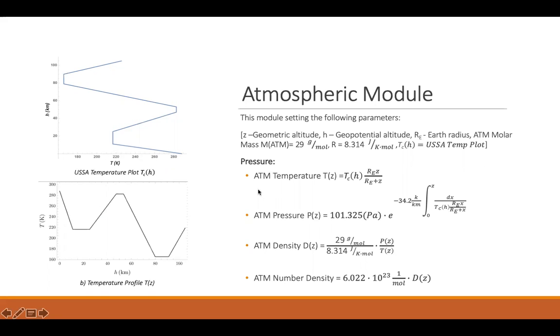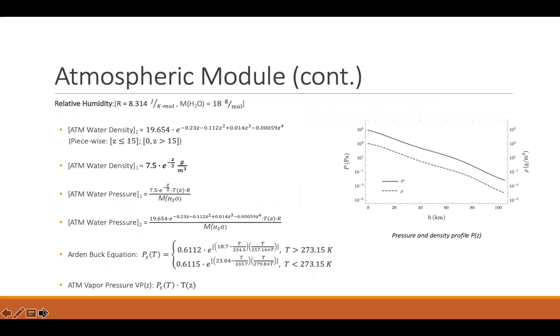In Mathematica, you can do the temperature, pressure, density, number density. All those values can be used to make a plot of temperature versus height and pressure. Right, and that's just continued over here.